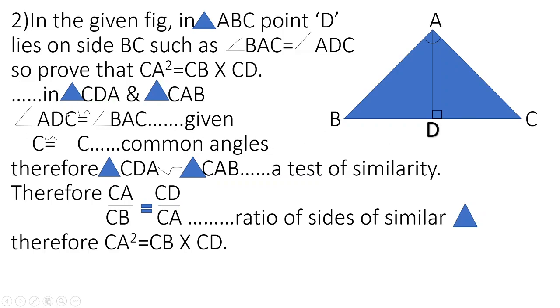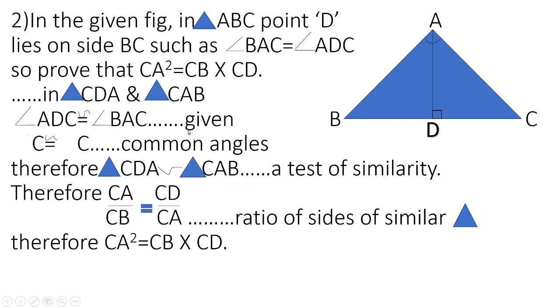I am taking both triangles, triangle CDA and triangle CAB. This bigger triangle CAB and this small triangle CDA. In triangle CDA and triangle CAB, angle ADC is congruent to angle BAC.